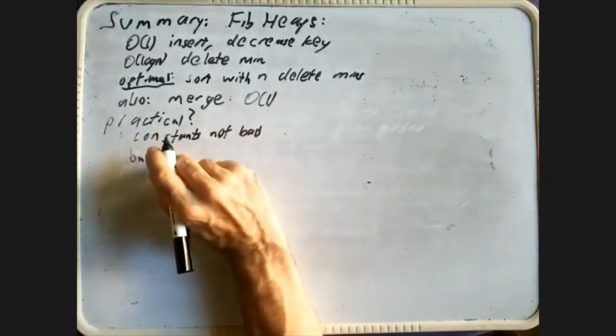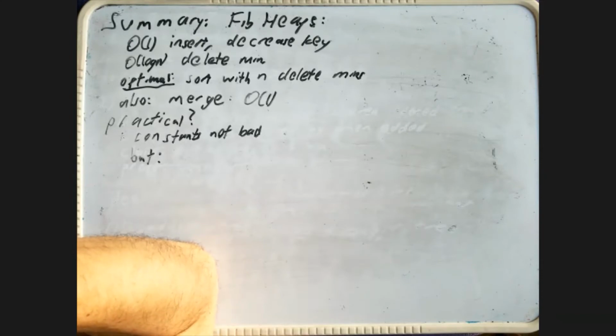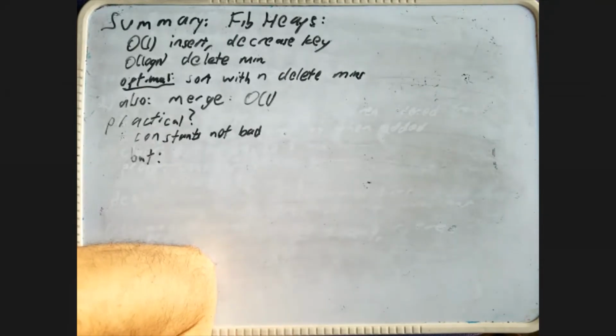Why might Fibonacci heaps be a pretty bad idea for modern computer architectures? Caches? What was that? The cache will be pretty bad. Why will the cache be bad? We're not using arrays or something. Right.